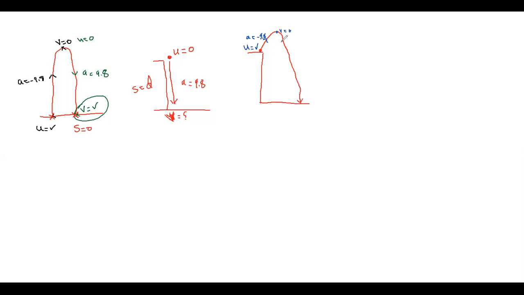Then it's coming down, so a is equal to 9.8. At this point, s is equal to 0 displacement. Then s starts to be negative, below the projection level. In the end, we have another v, which has a value, if we consider u is equal to 0 at this point.